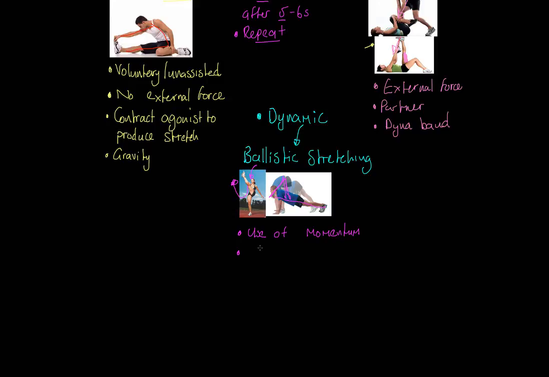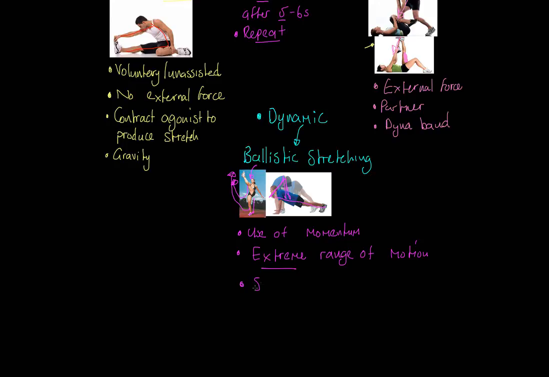It produces what we would call an extreme range of motion. In other words, we stretch through a fuller ROM, range of motion, because the leg starts here and then swings up to a really high position. Obviously it depends on your level of flexibility, but you can get a more extreme range than just the static stretch that we've looked at already.